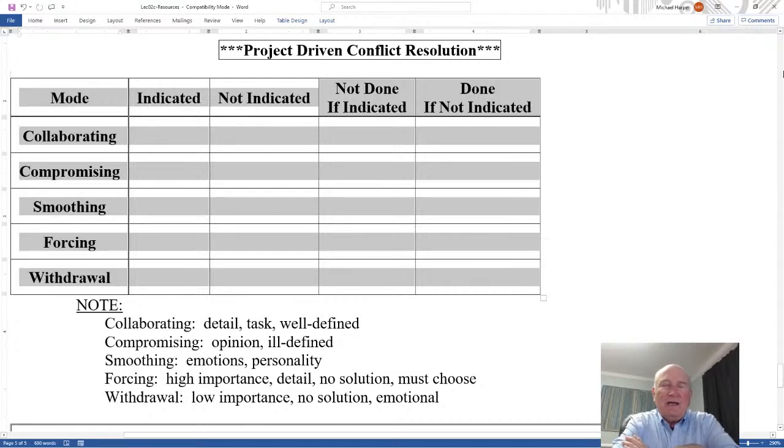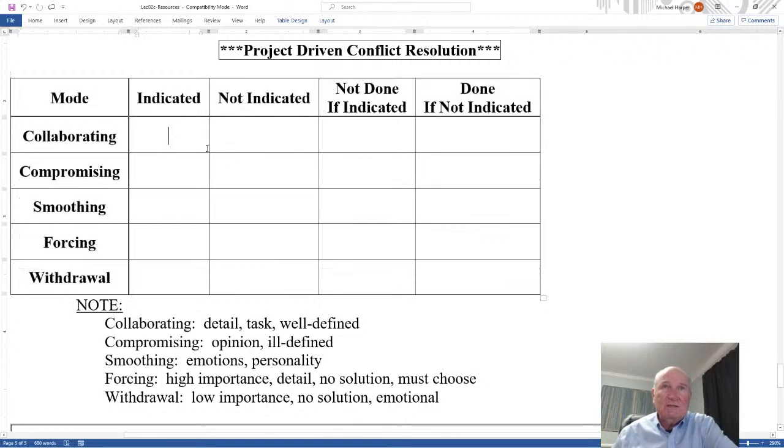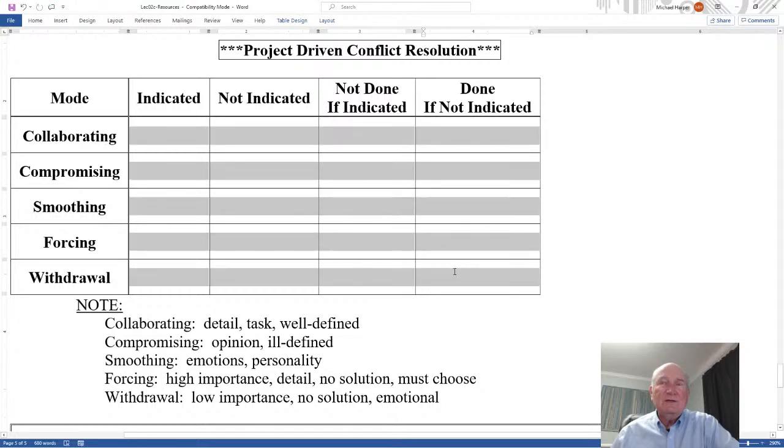If we had a seminar just on conflict resolution of a project manager and a project team, I would take time to go through each one of these, 20 different cells in this matrix, on what does this mean? I'm not going to go through it, but I encourage you to think about it, to think and come up with your own. Each person will come up with different examples in each of these 20 cells.